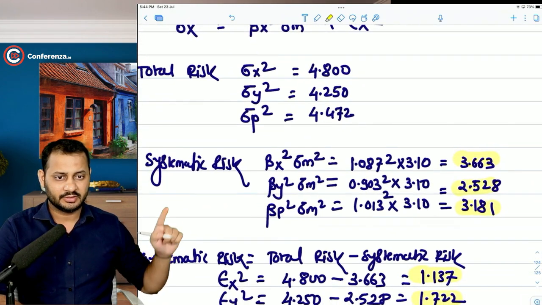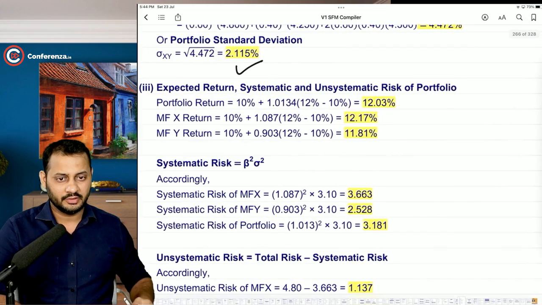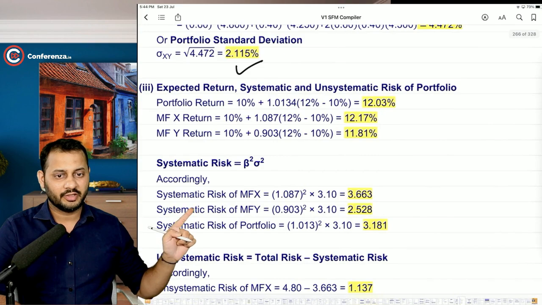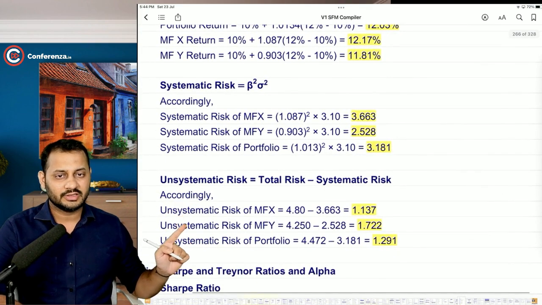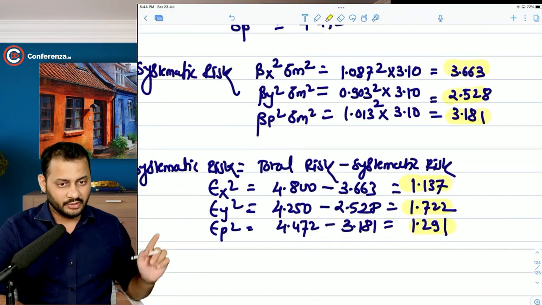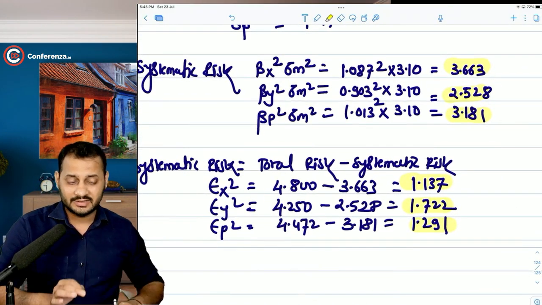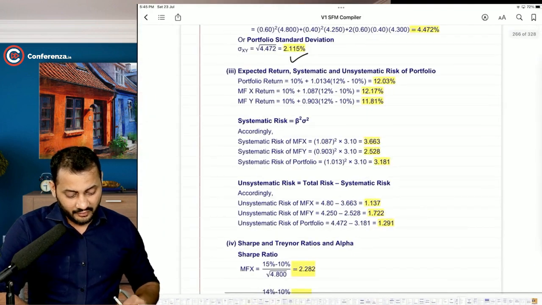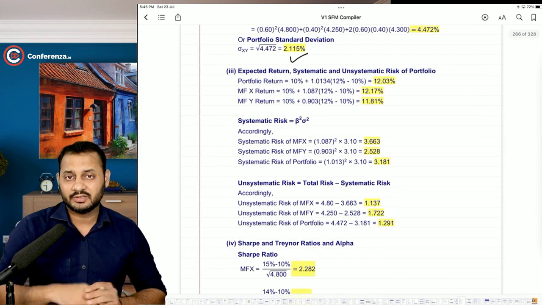Then systematic risk 3.663, 2.528 and 3.181. Then 1.137, 1.722 and 1.291. It's very easy. So can you see we are covering lots of concepts in this entire single question.